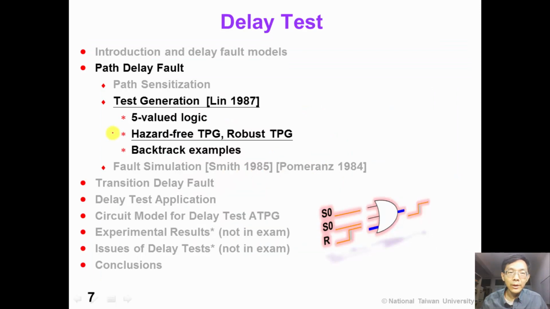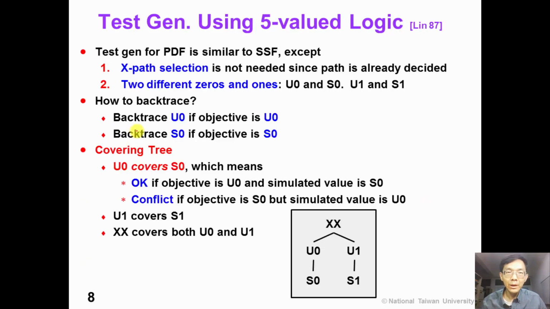Now we can use 5-value logic to generate hazard-free and robust test patterns. A 5-value test pattern generation was proposed by Lin in 1987. Actually, generating test patterns for path delay faults is similar to test generation for single stuck-at faults, except there are two differences.